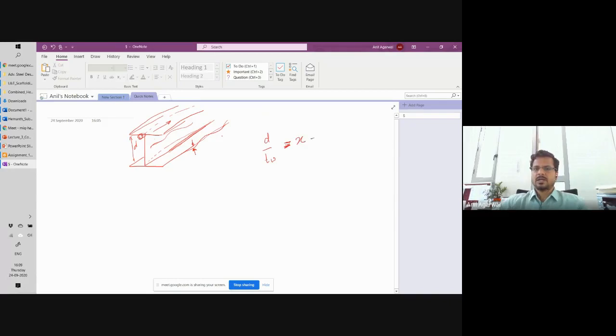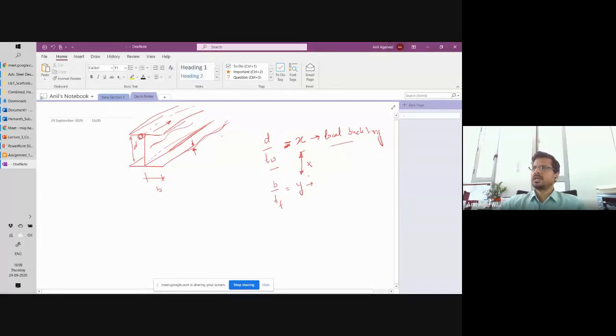So D divided by TW, if it is equal to a value X, then it buckles locally. Okay. So let's say we find that if D by TW is at a particular level, it buckles locally. But the same calculation can be done for the flange also. Now this will be, let's say, B. So B divided by TF, and it will buckle locally when it is Y. So X and Y will not necessarily be the same.